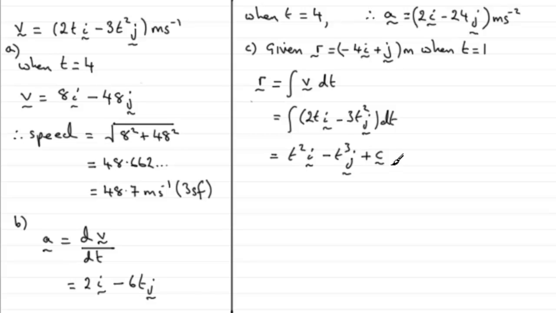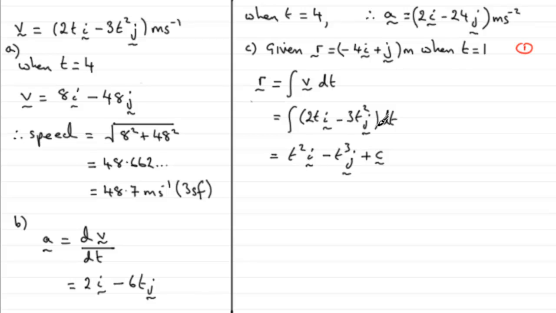Now we've got to work out what this constant is, and so we need some condition that we know is true. And that is this condition up here. Let's just call it 1, okay? We know that when t is 1, the position vector r is minus 4i plus j.